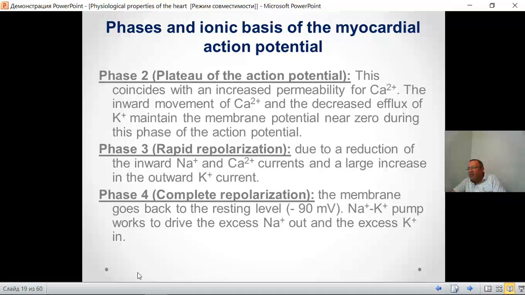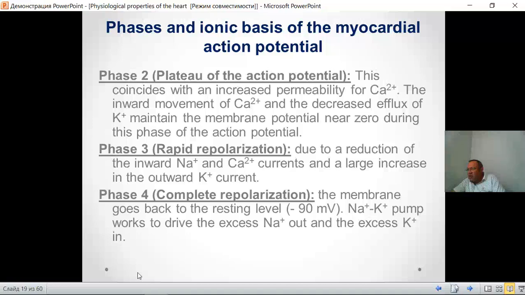Calcium ion channels are gradually inactivated. Persistent outflow of potassium ions, now exceeding calcium inflow, brings the transmembrane potential back toward the resting potential of -90 millivolts to prepare the cells for a new cycle of depolarization.